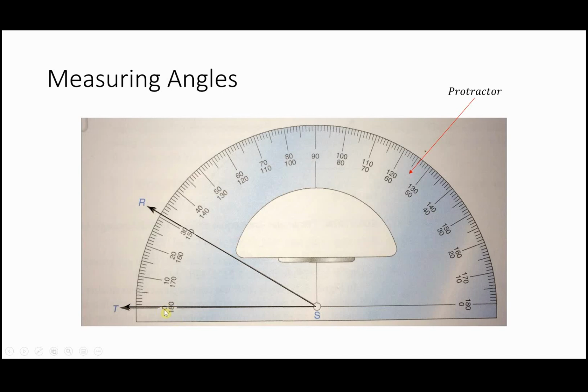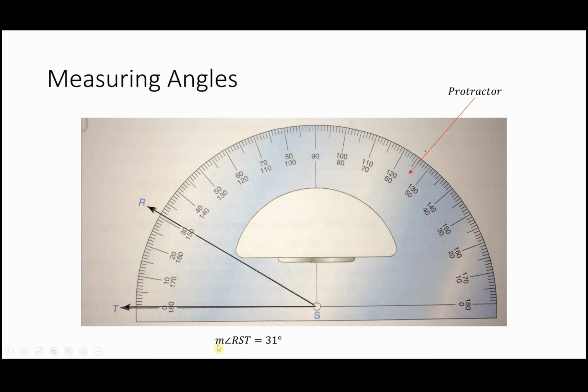Let this be measurement 0. So that means as far as the angle measurement of the placement of ray SR, that's going to be read with the top collection of numbers. So here is 30 degrees, and it looks like we're one tick away from that. So I would say that the measure of angle, if I'm going to call it angle RST, is 31 degrees.